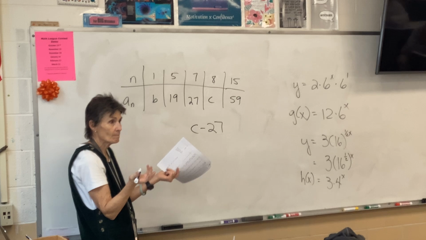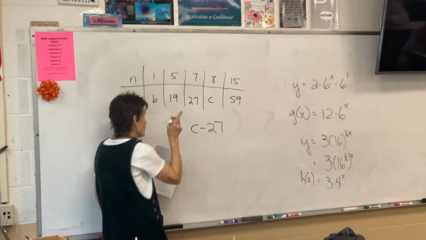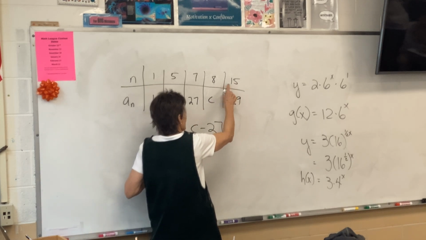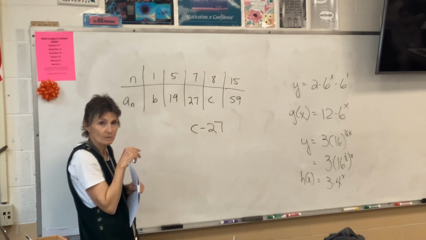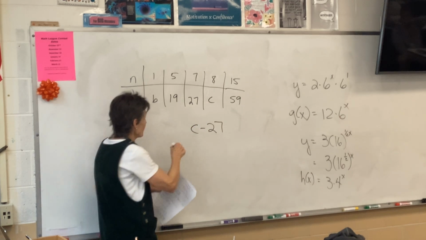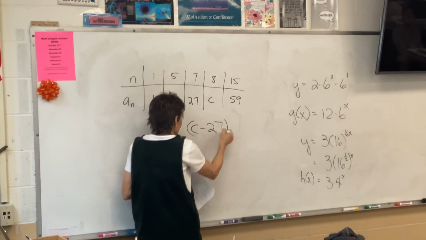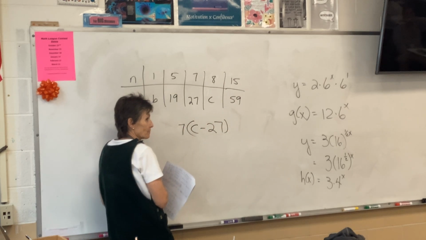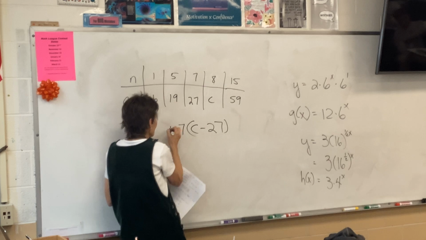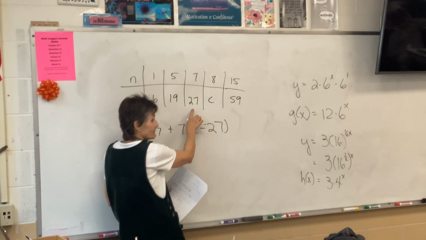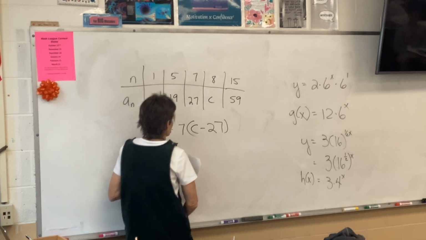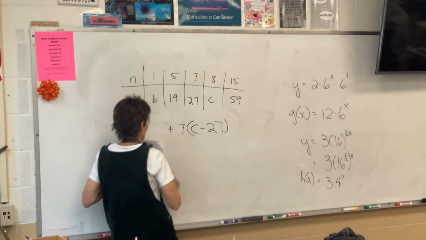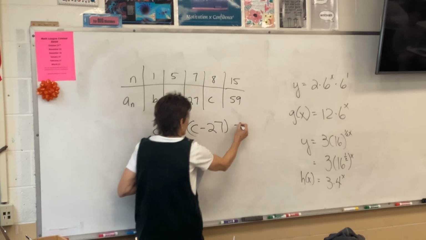Would you agree with that? And he said, okay, then to get from here to here, I have to add 7 of those. So if I were to take 7 of these and add it to C, I should get 59?